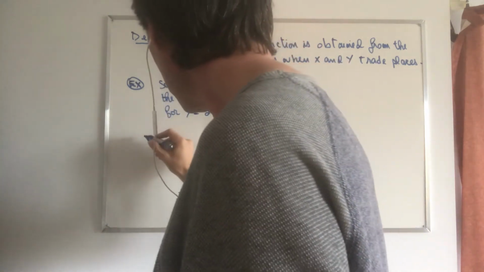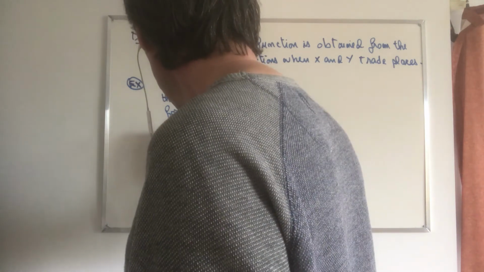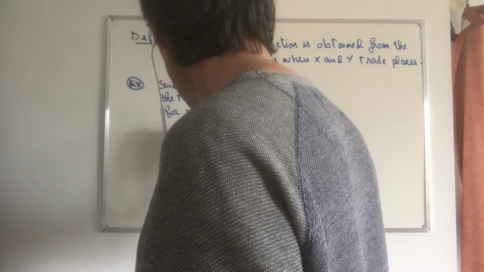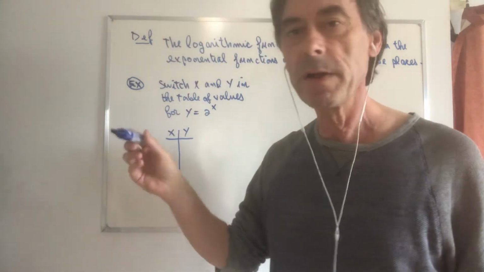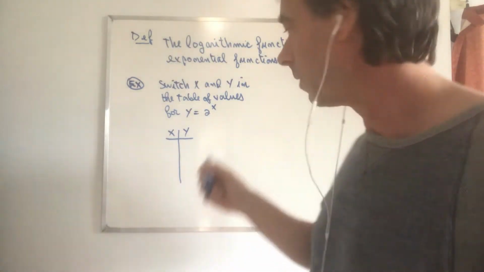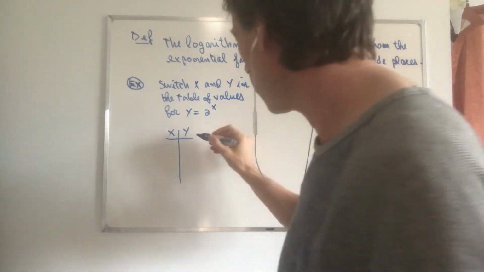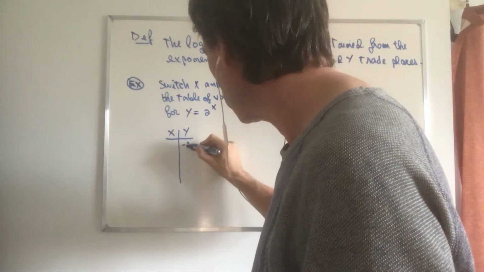So remember what we had here? It's actually fairly simple. For the x values, we gave the values -2, -1, 0, 1, 2, 3. Well, then we switch the x and the y. So the y values become this.